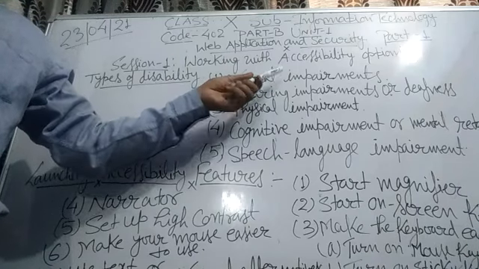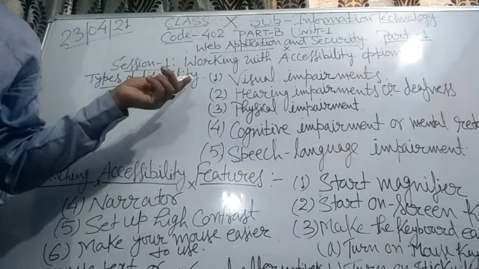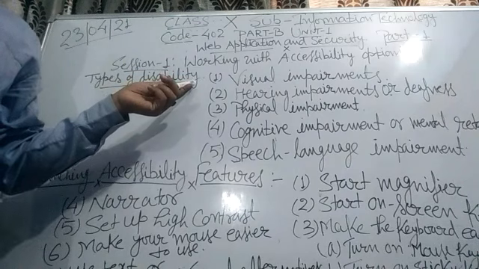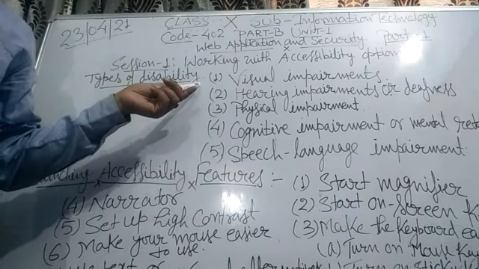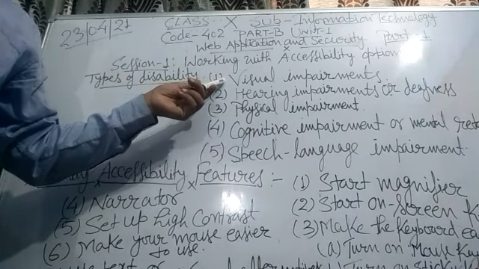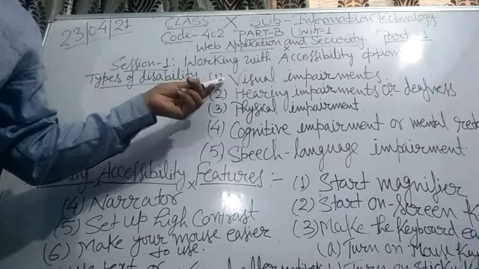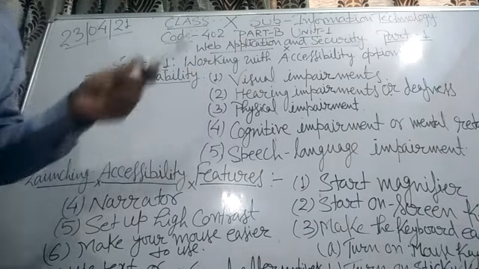Mainly, it is a concern with the use of hardware and software technology by the disabled or persons with impairment. This is called assistive technology.